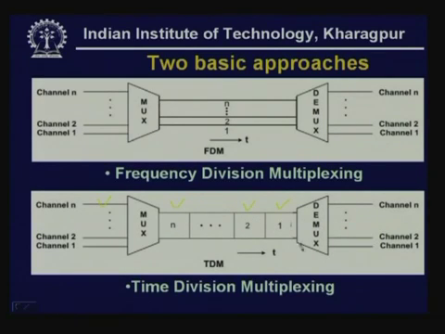It is somewhat like a switch. This switch first selects this one and transmits, then it selects the next one and transmits, then the next, and similarly the other end performs the opposite operations. First this signal is sent to channel 1, then to channel 2, then to channel n. In this way it goes on. So, this is time division multiplexing.